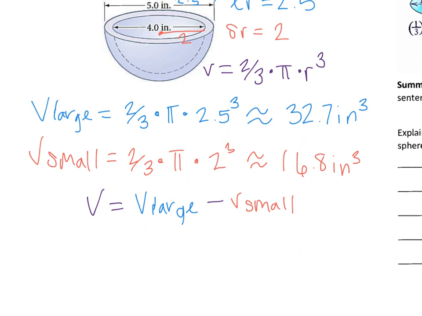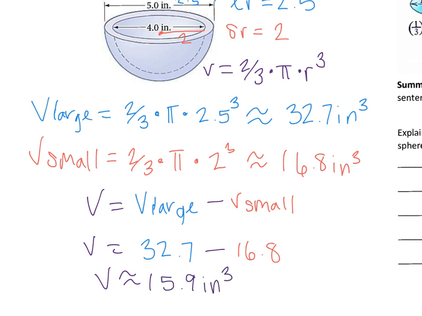Volume equals 32.7 minus 16.8. And this is approximate. That would be 15.9 inches cubed.